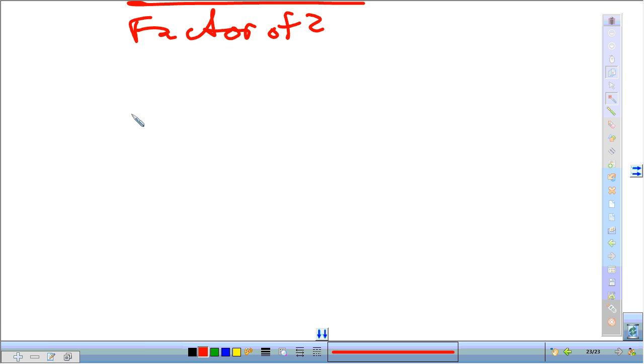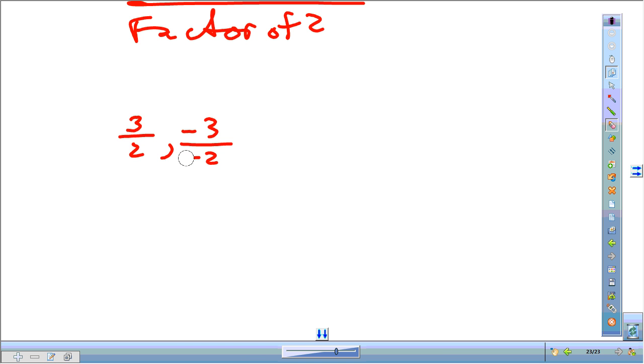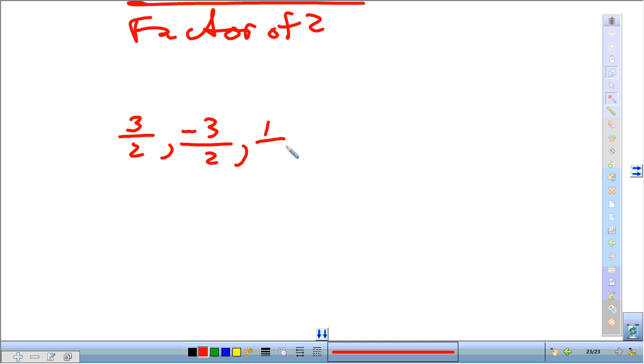So factors of 3 and 2, well, we could get 3 over 2, but also we could use negatives. Each of these numbers also has a factor 1, so we could get 1/2, minus 1/2.